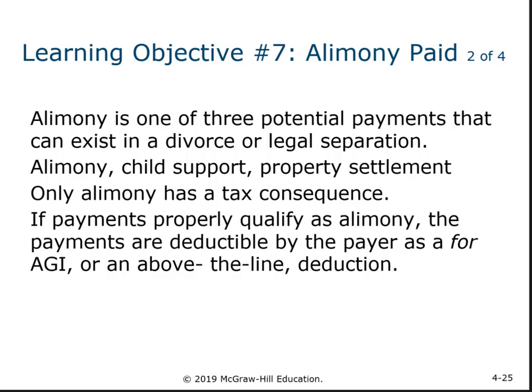If a payment that one spouse is making to another is only until the child that's living with the other spouse reaches 18, it's child support. It's not alimony. Okay? No matter what they call it in the agreement.